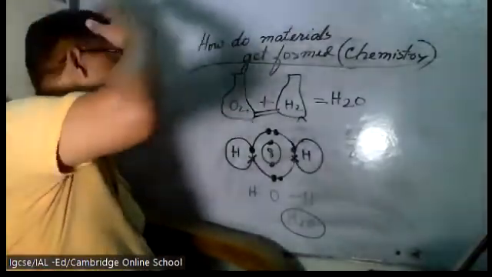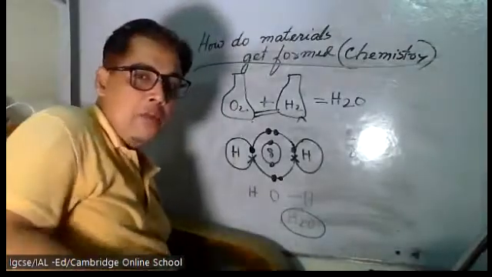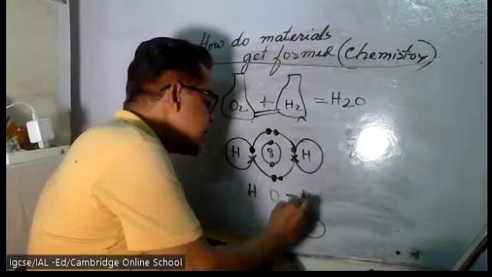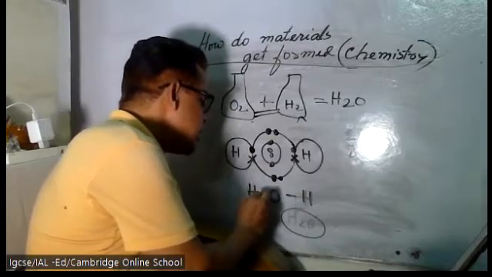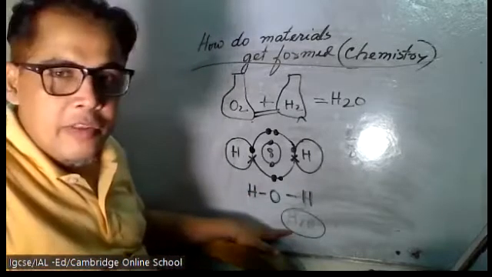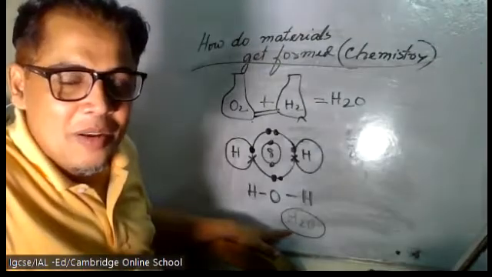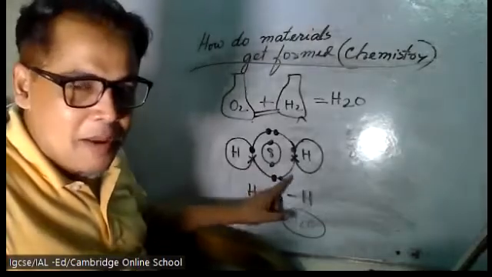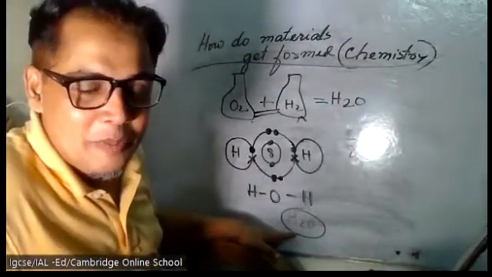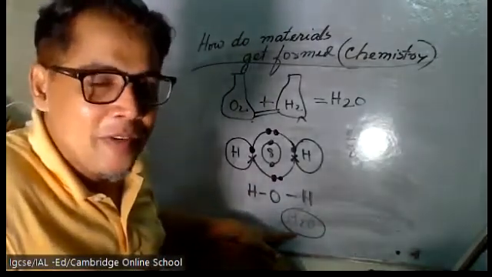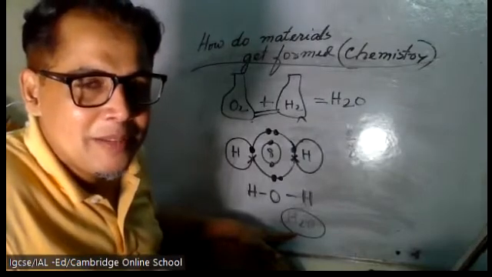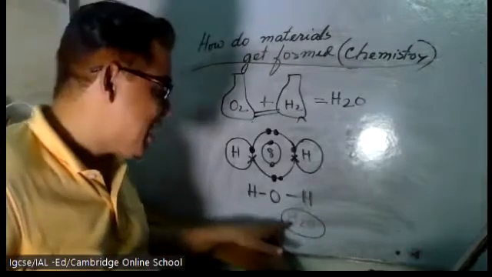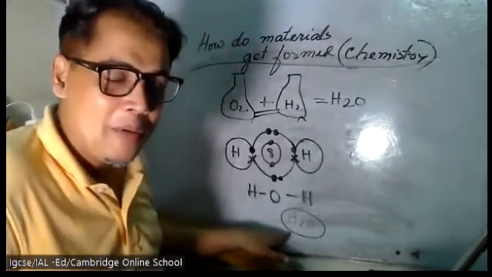So you are watching, this is hydrogen, this is hydrogen, this is oxygen. Now is this an element or a compound? Here there are different types of atom. So this is a compound.